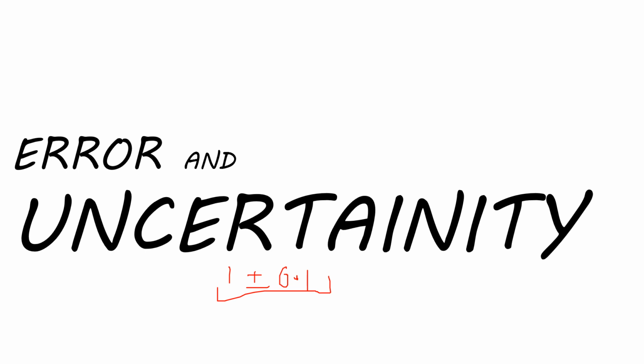That probably means that the range occurs from 0.9 to 1.1. That probably shows that the actual value lies between these two estimations. This is called uncertainty.